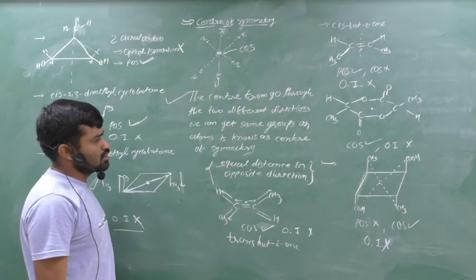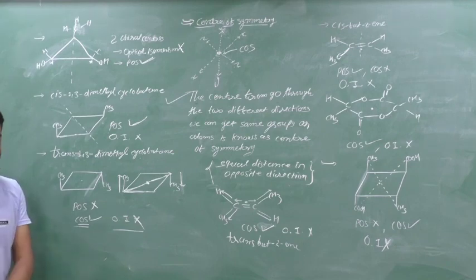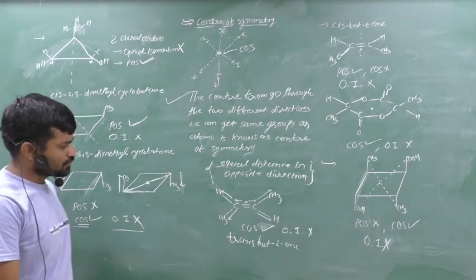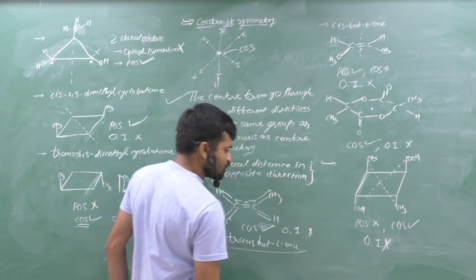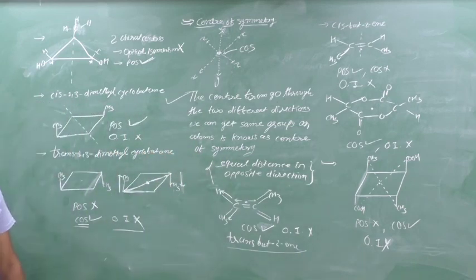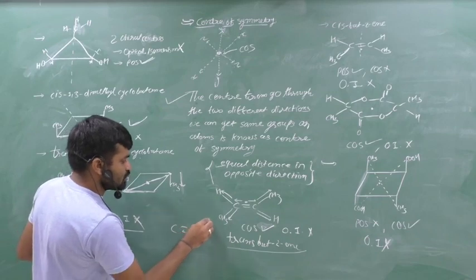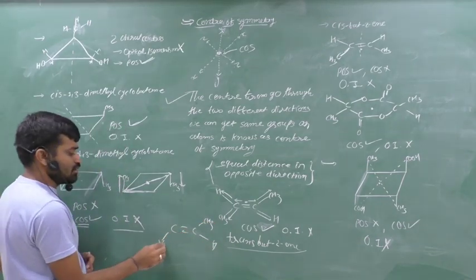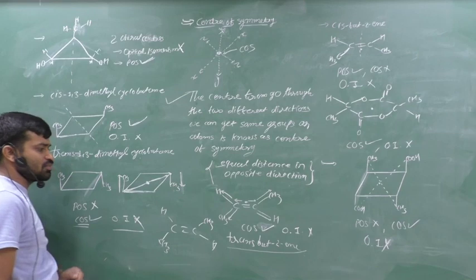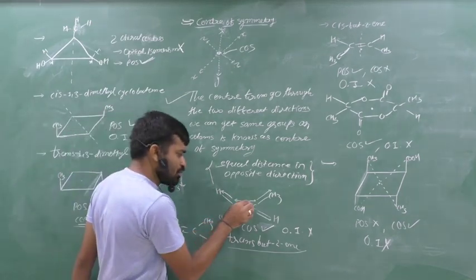Now we can think about some examples of center of symmetry. The first example is trans-butene: C double bond C, with CH3 and H, CH3 and H. It has a center point in the molecule.